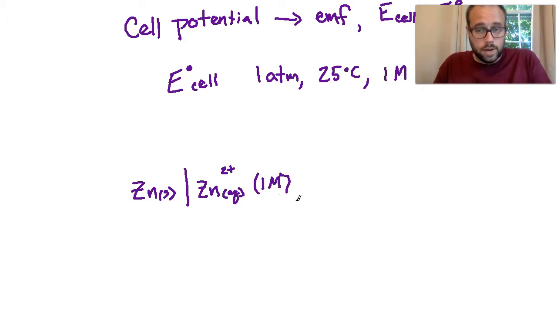It's 1 molarity, because we're talking about standardized. Okay, then there's a double line. The double line stands for the salt bridge. This is the physical barrier or separation between the two solutions. Right? And then we're going to end up with the copper 2+, which is aqueous 1 molar.